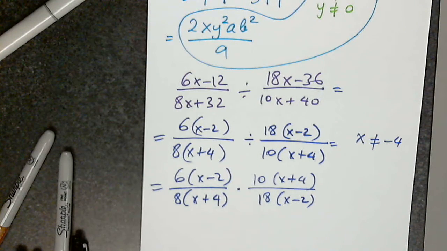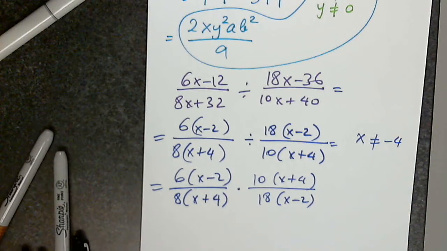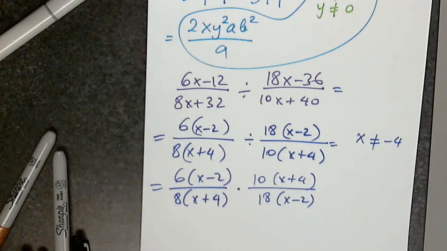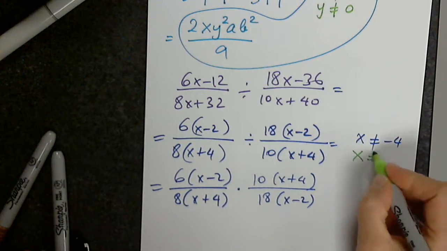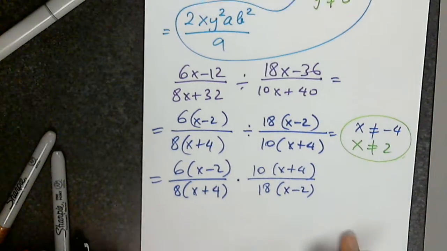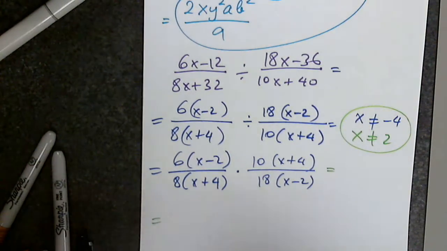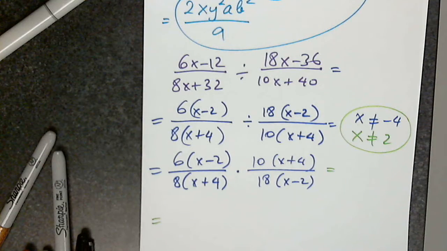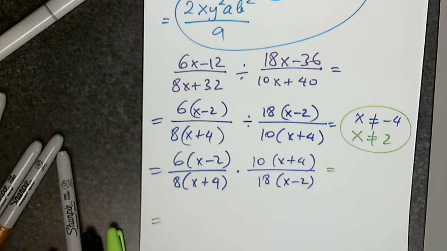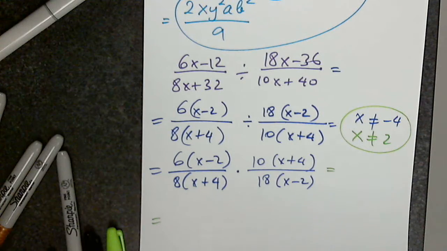So what is the new restriction that I have to add to this list? Yes, x not equal to. Now, only now, I am free to simplify whatever possible. Is there anything that goes away? Anything?